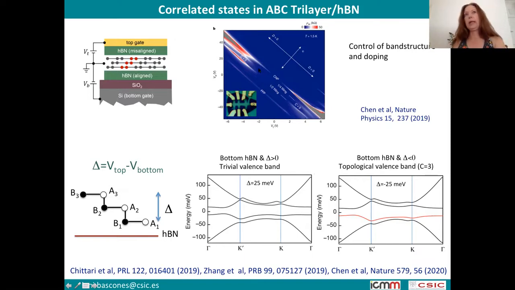These two sides correspond to the trivial case and the topological case.